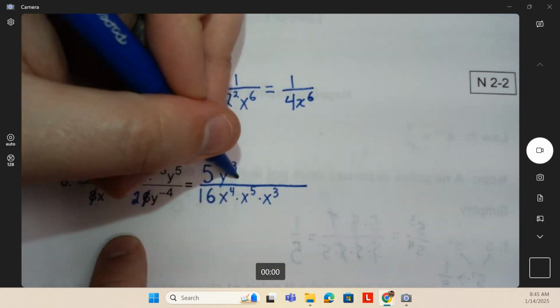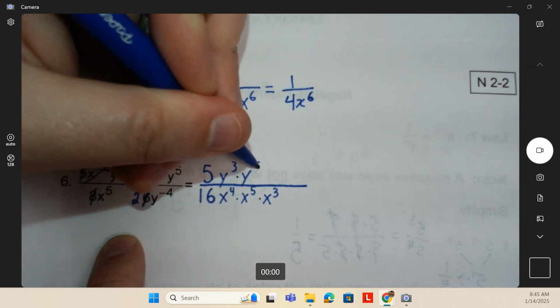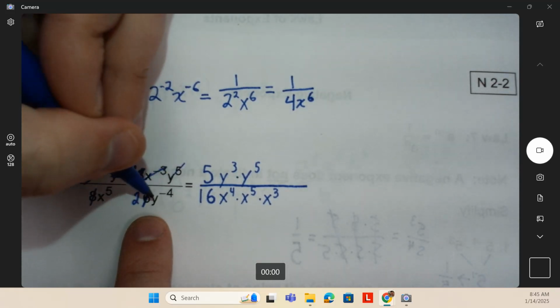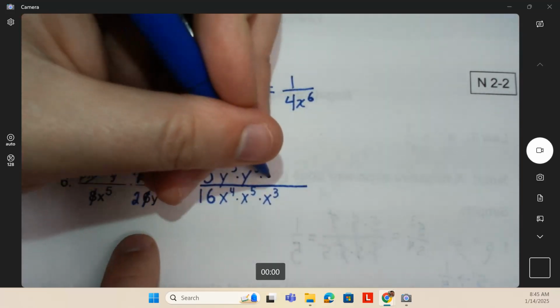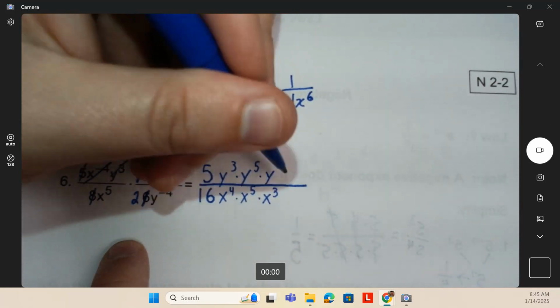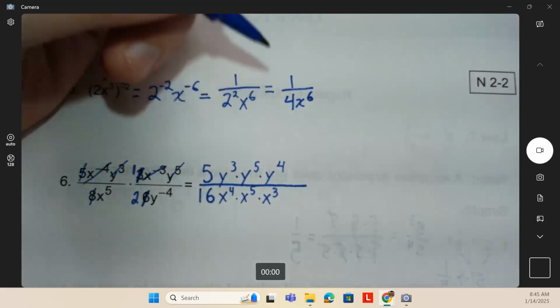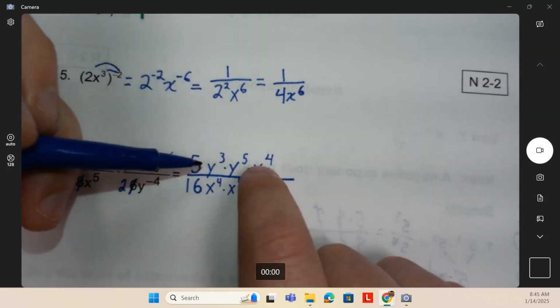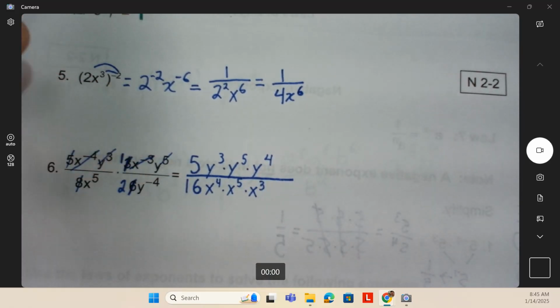Y to the fifth stays up top. And y to the negative fourth was on the bottom, but I'm going to move it up to the top and make it y to the positive fourth. So it's not always going to work out to where you have all your y's up top, all your x's on the bottom. That's just for this one.